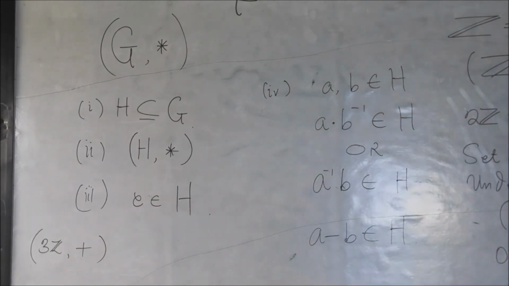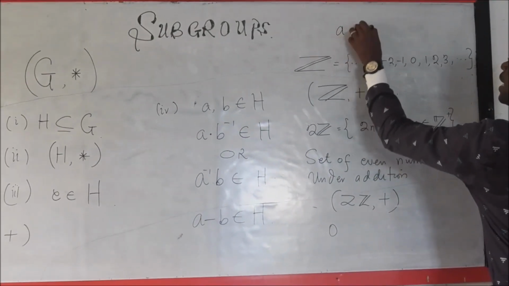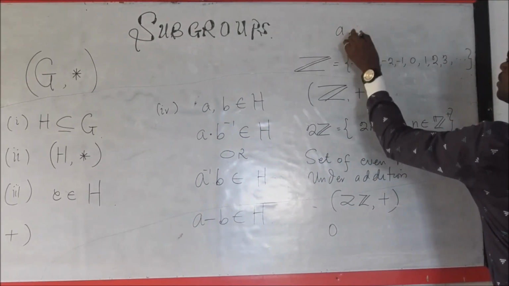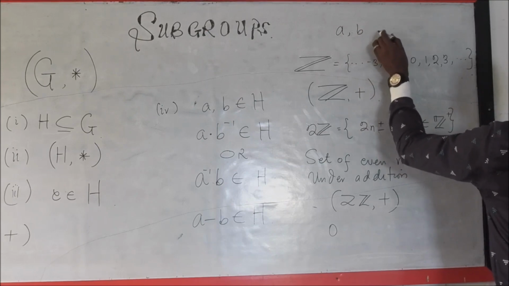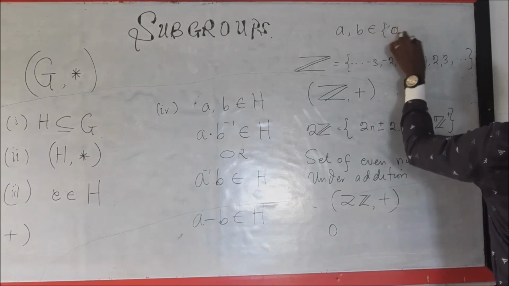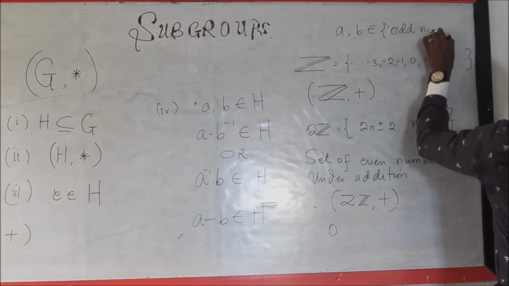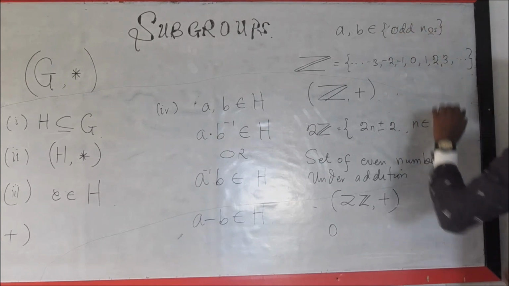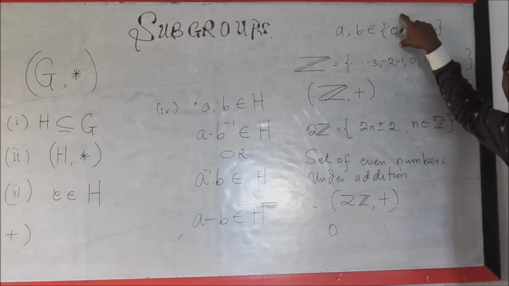Now, if you come back here, odd numbers can't be a subgroup. Why? Because if you pick any two elements out of the set of odd numbers, you see that this cannot form a group under addition.